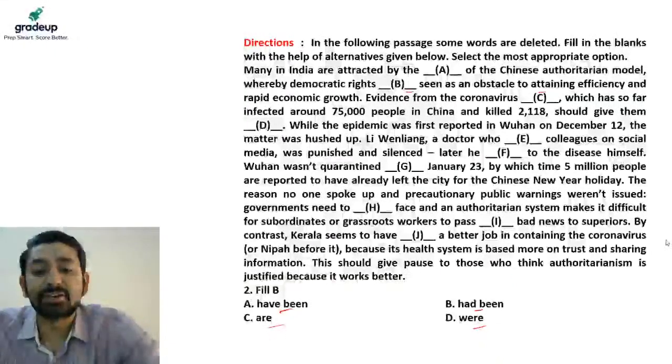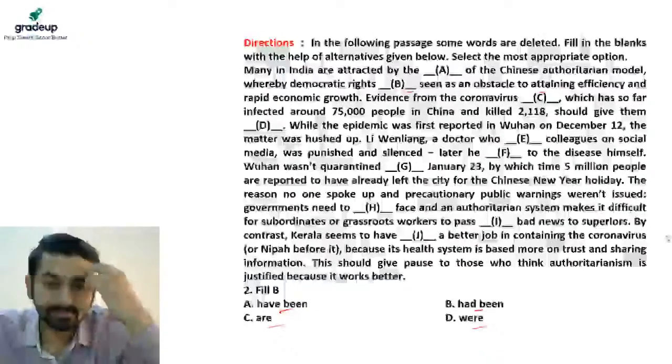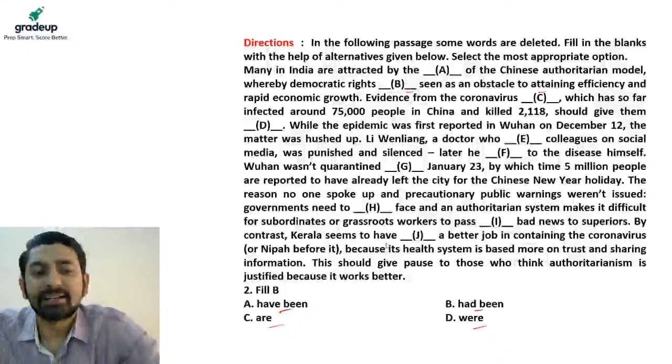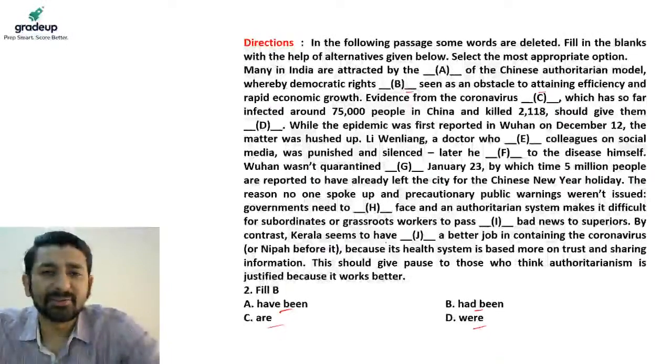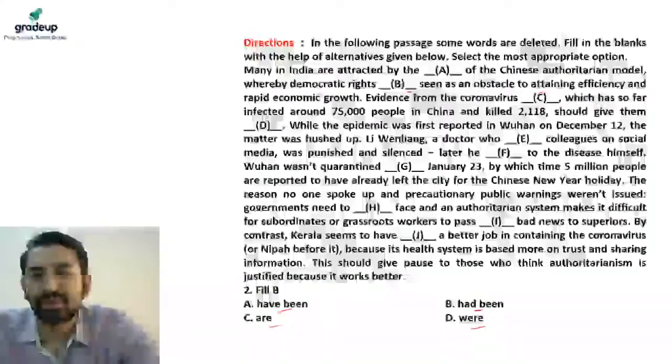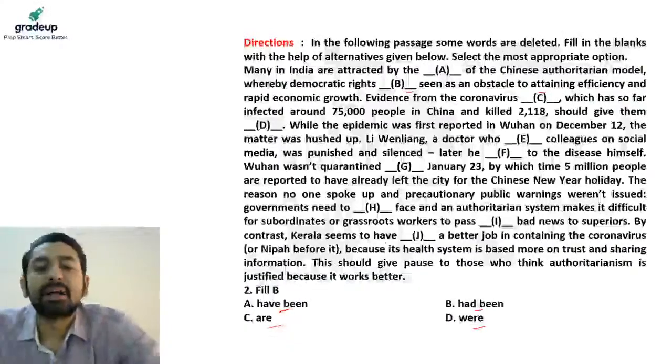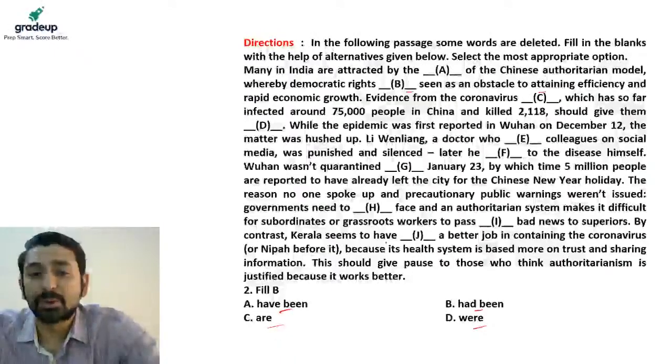Which do you think should appear in the second blank? Give me the answers, guys, through the chat boxes. I'll get to know which answer you would select, so I can get a fair idea of your accuracy. And accordingly, I will explain the correct word and why exactly I have put that particular word there.